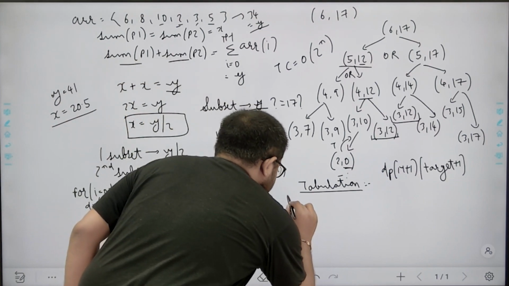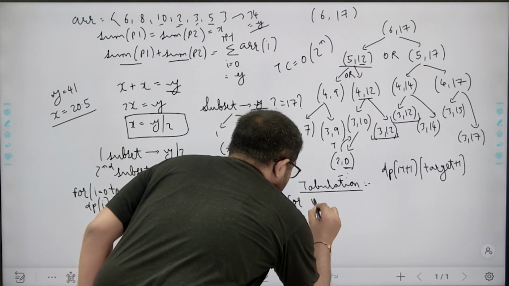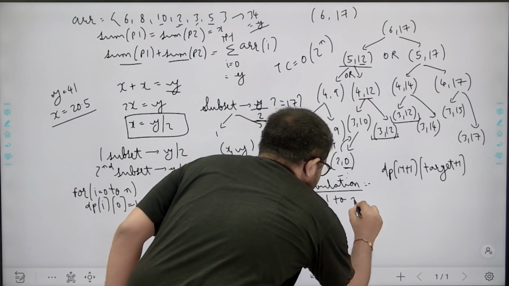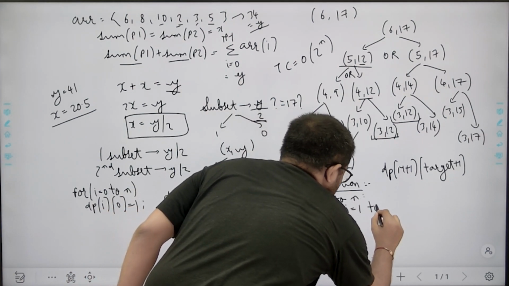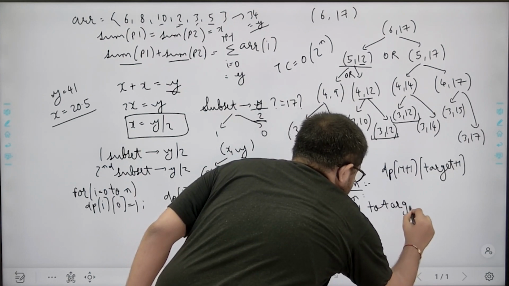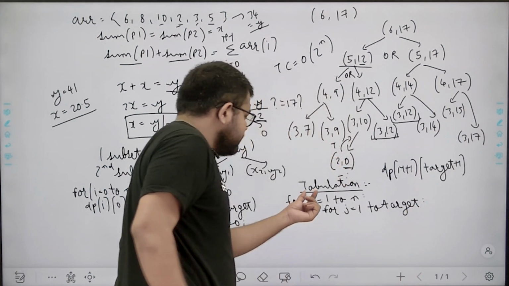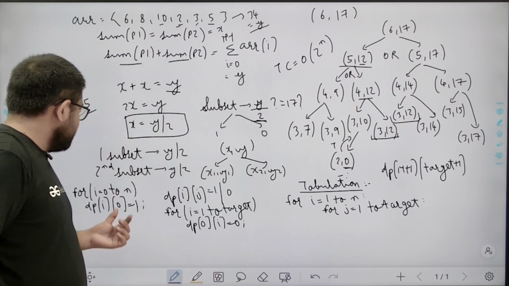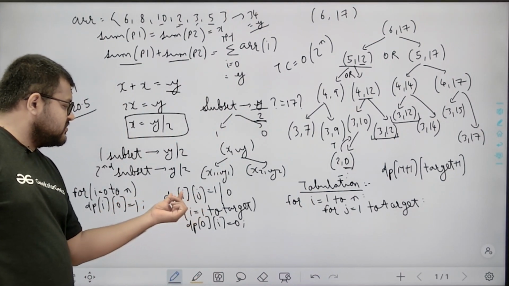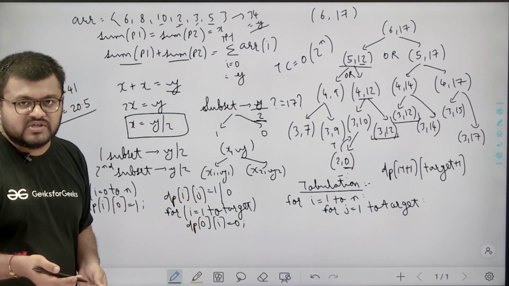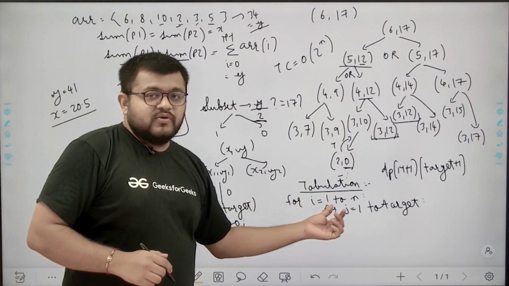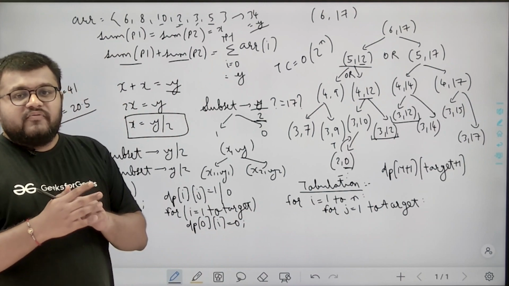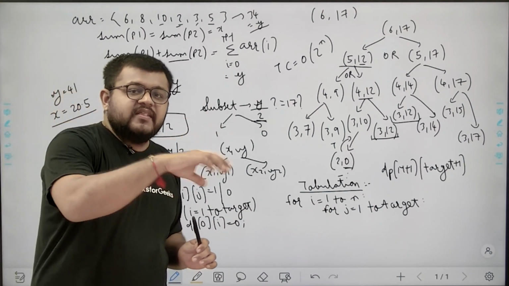So what we can say is, for i equals to 1 to n, for j equals to 1 to target. So now dp of i j will tell me whether a sum of j is possible using any of the subsets of the first i elements. Now, so basically what I can do is, I can say, shall I consider the ith element or not?